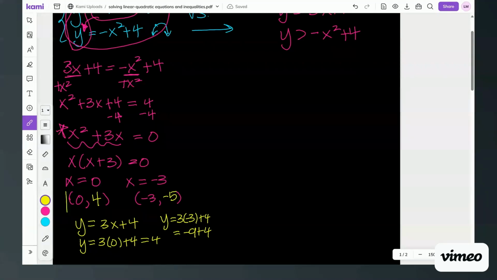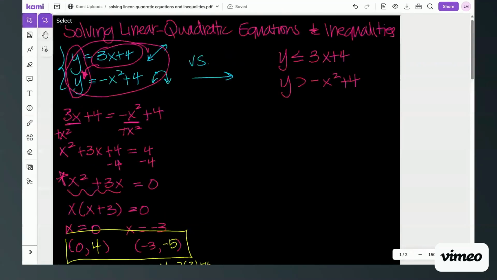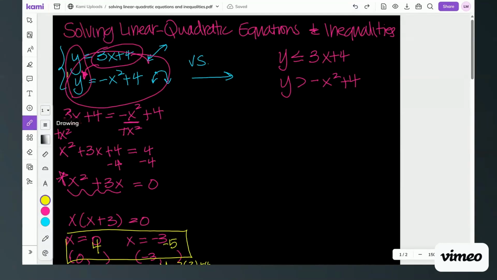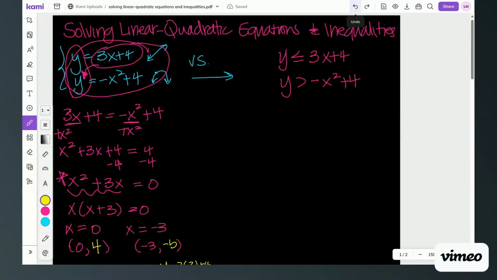So if I graph these two, either by hand or on Desmos or on my graphing calculator, and I find where this line and this parabola intersect, it's going to be at the ordered pairs (0, 4) and (negative 3, negative 5).